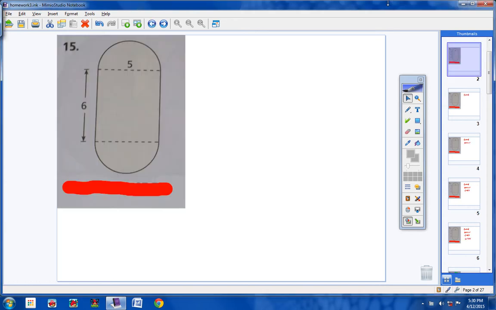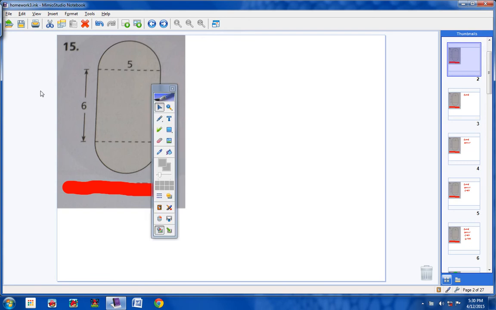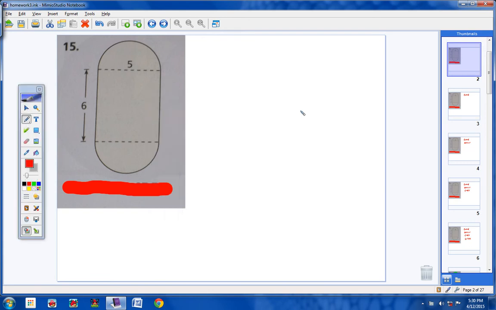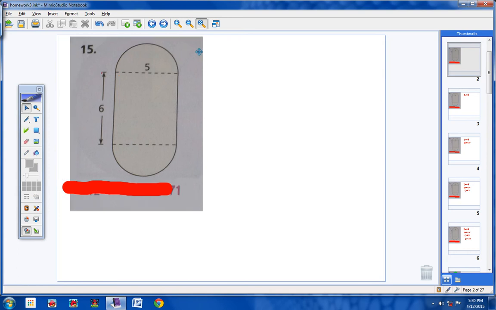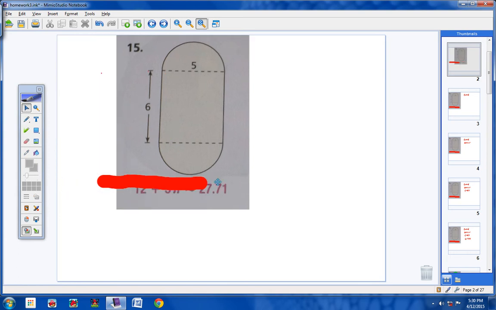The directions say to find the perimeter of the region. Now, guys, let's just stop and use some common sense. If you're looking for the perimeter of this, you have to know the length of this right here, and the length of this.